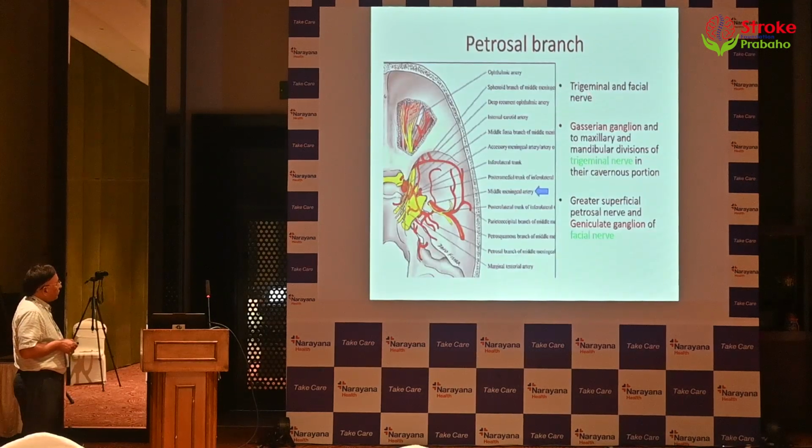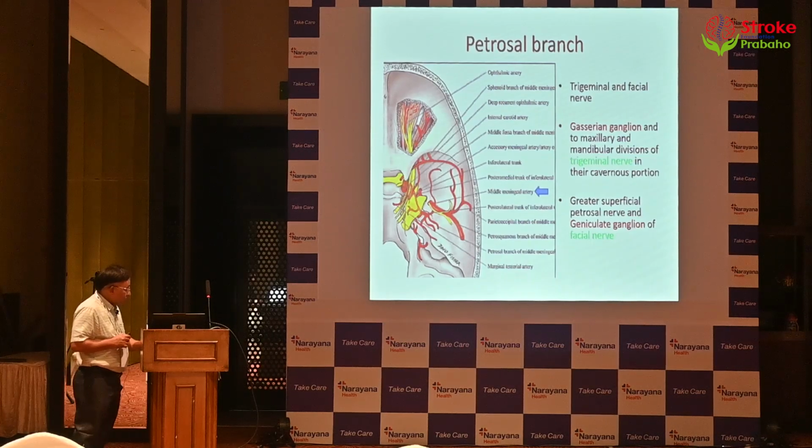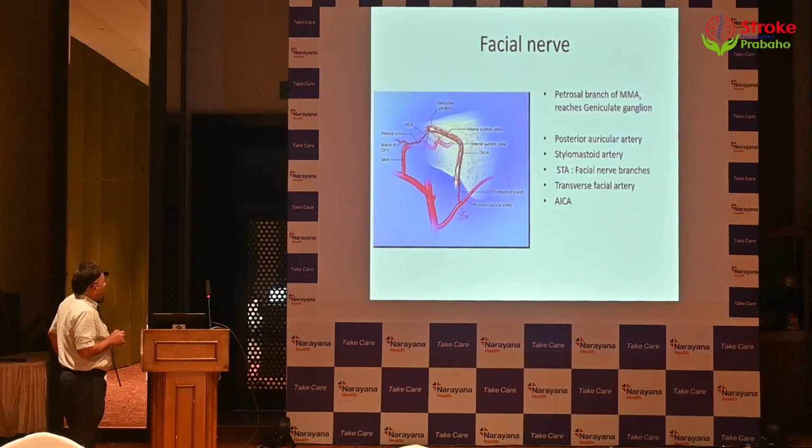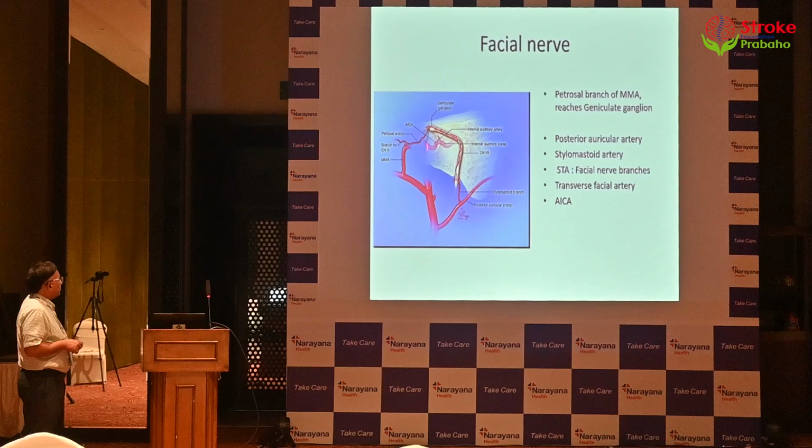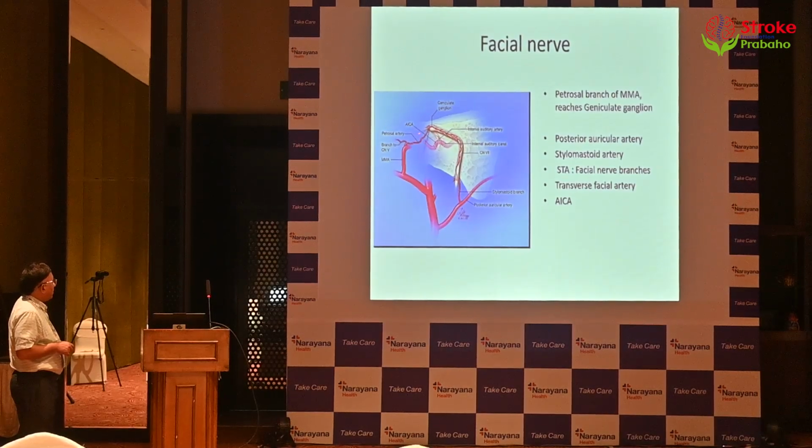So the trigeminal and facial nerves are supplied by the petrosal branch of the middle meningeal artery, mainly the Gasserian ganglia and the geniculate ganglia. But the facial nerve is supplied by multiple blood vessels. So this is the middle meningeal artery, and this is the petrosal artery, which is supplying the geniculate ganglia.